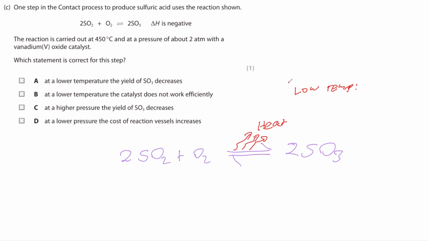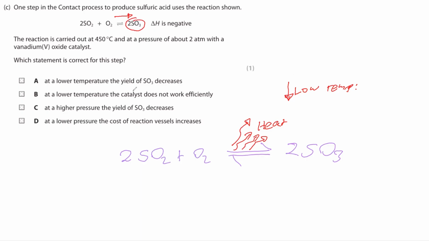If you decrease the temperature, now there's a change. What is the change? The temperature is lowering down. The system will counter-react. It wants to increase the temperature. How to increase temperature? Give out as much heat as possible. So therefore, in a reversible reaction, at lower temperatures the forward reaction gives you more SO3.